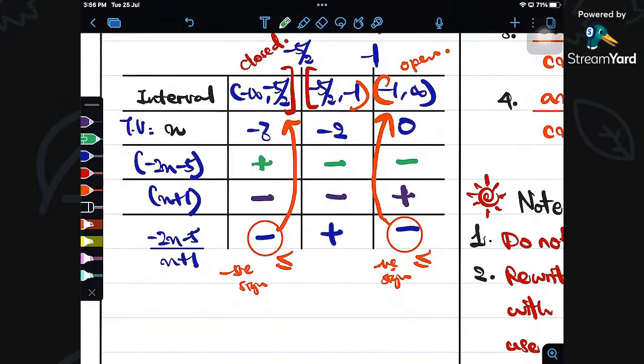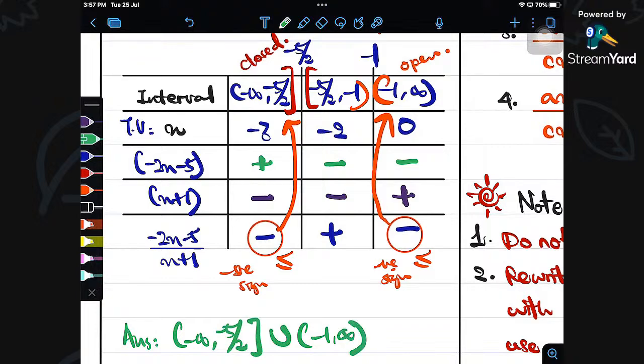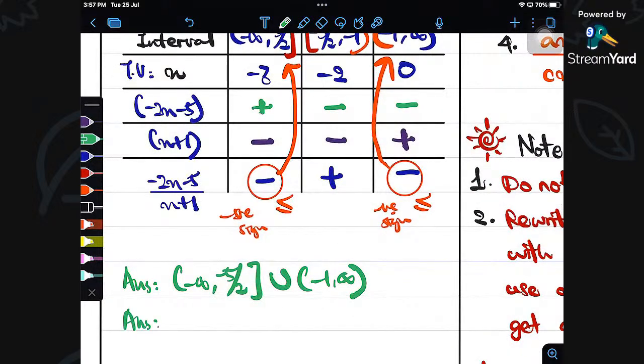Therefore, in the end, tuliskan jawapan dalam bentuk interval union. Jangan lupa union kita. And then the final answer untuk dalam bentuk set notation, the answer is x less than or equals to -5/2, or the word or jangan tinggalkan.